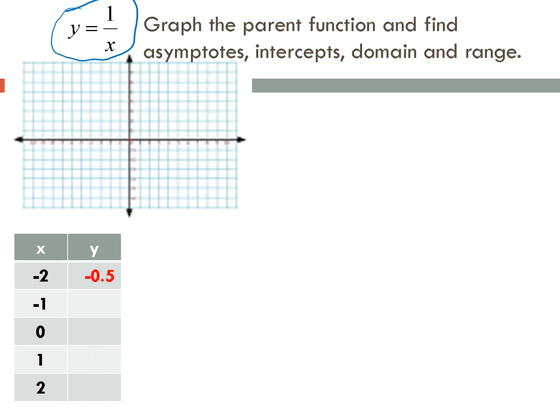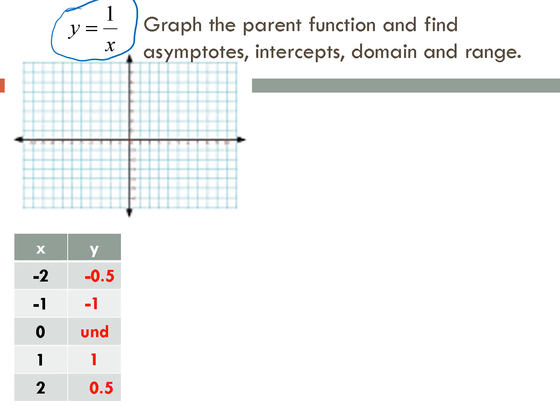And then 1 over negative 1 is negative 1. 1 over 0, can't have a 0 in the denominator because it's undefined. So we're going to write undefined. 1 over 1 is 1. 1 over 2 is 1/2, which is 0.5. Now you're probably wondering, why didn't you write negative 1/2 and 1/2? You can. That's perfectly okay.